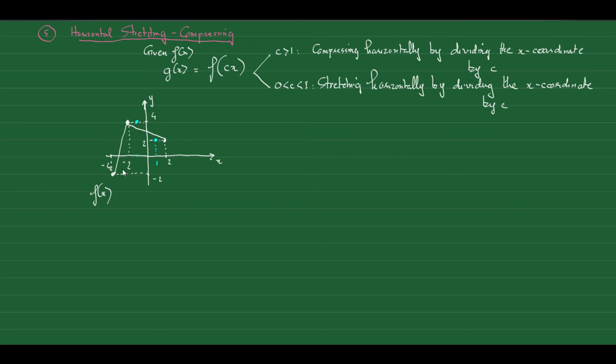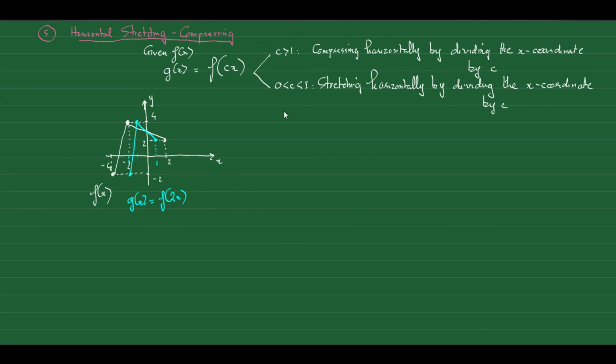And the x component here will be negative 4, negative 4 divided by 2, negative 2, so it will be this. So my new function will be this. Okay, so this is my g of x function, which is the f function with the argument multiplied by 2.